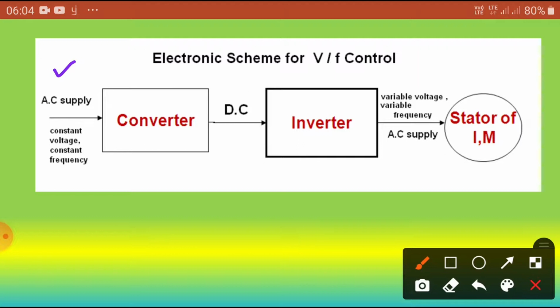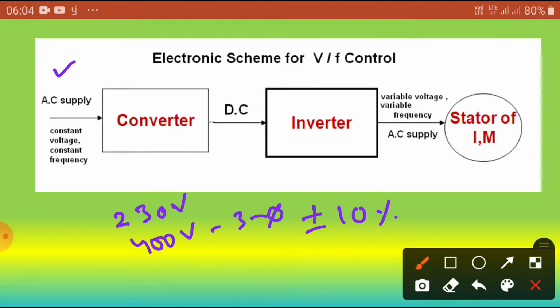For example, single phase voltage 230 volts, or 400 volts in a three phase circuit, plus or minus 10%, and frequency f equal to 50 Hz, plus or minus 5%. These are the ranges they will give.